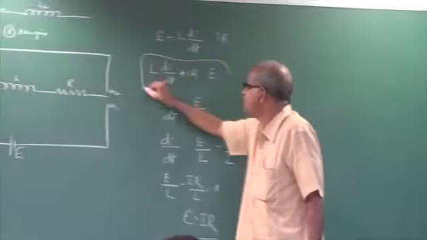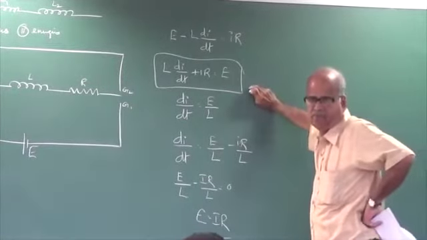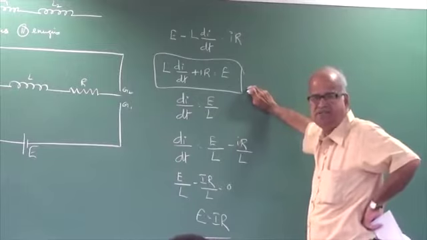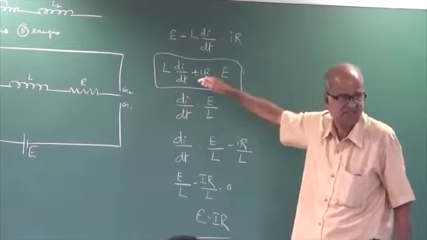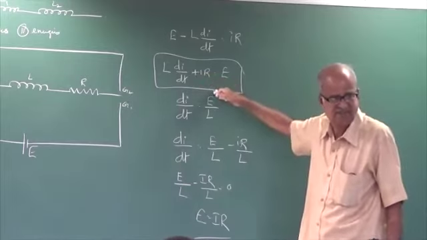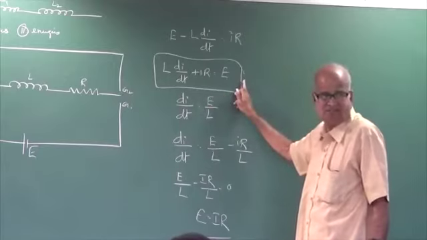This is a first order differential equation of variable separated type. You know how to solve this. We have seen a similar equation in the case of the CR circuit. Should I solve it? Can you do it? What you do is you write it as E minus IR on this side.